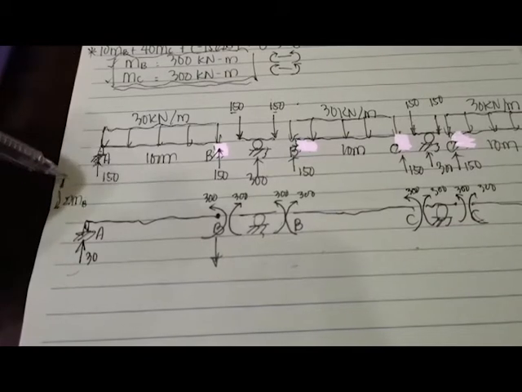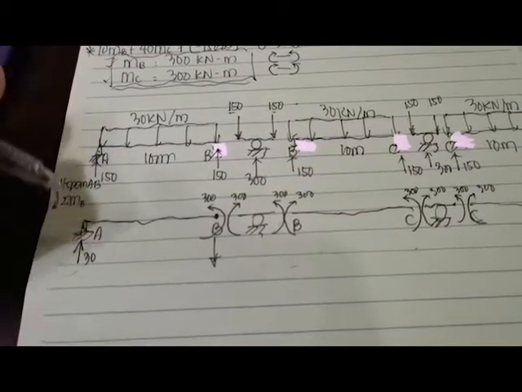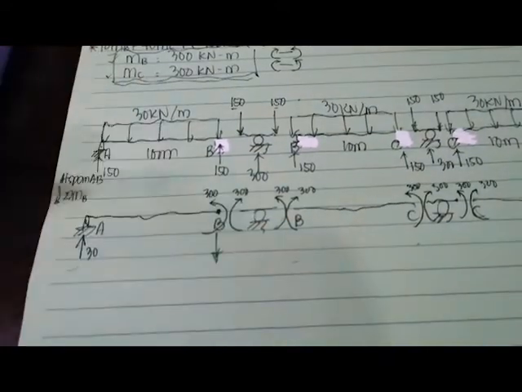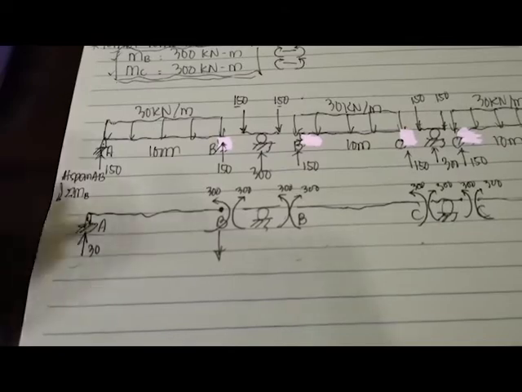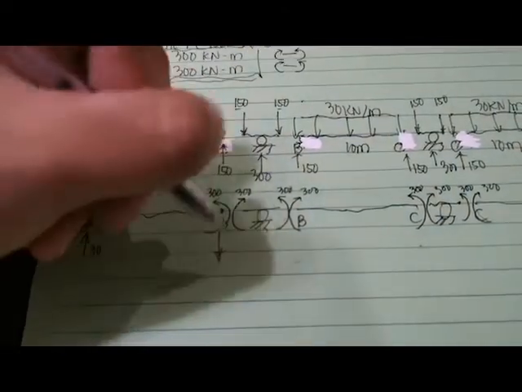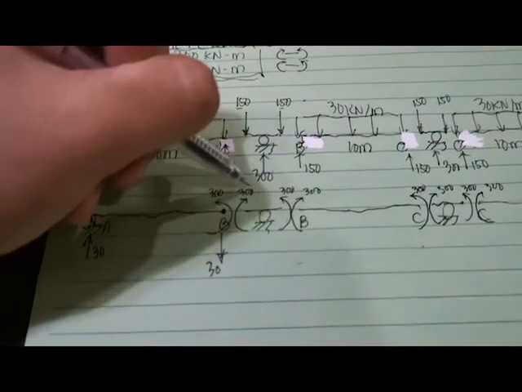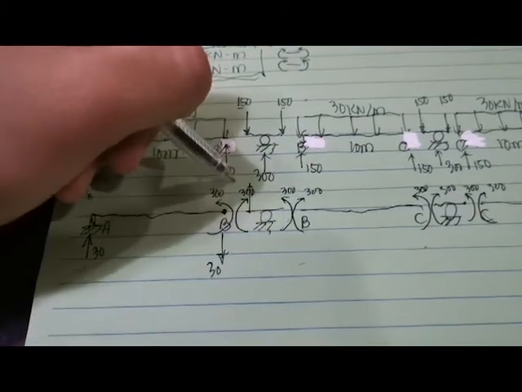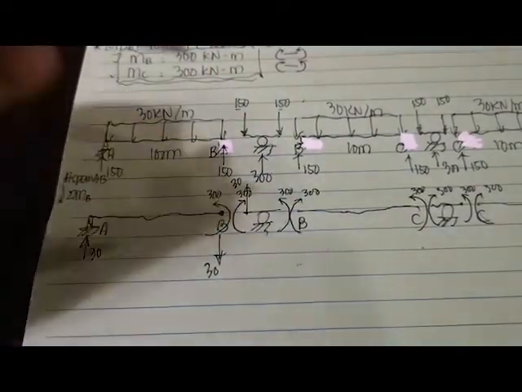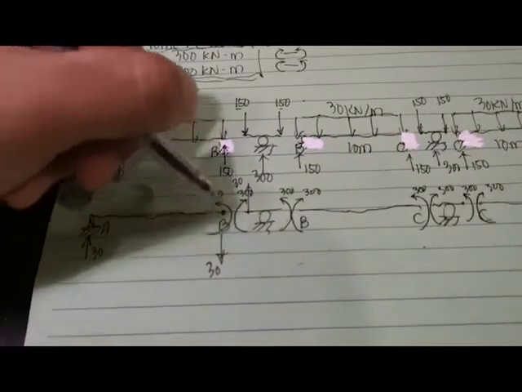So 30. This is 30 downward. So therefore I can conclude that we have 30 upward here. 30 downward.